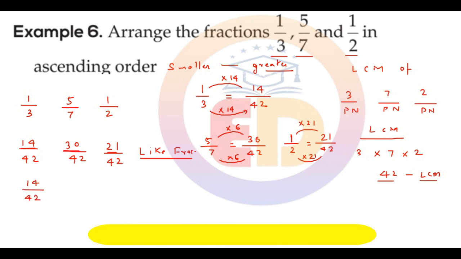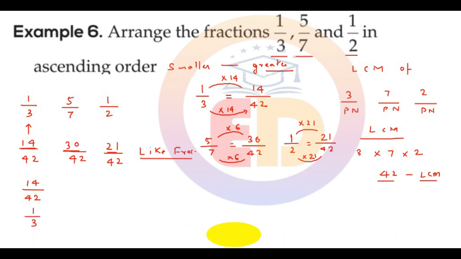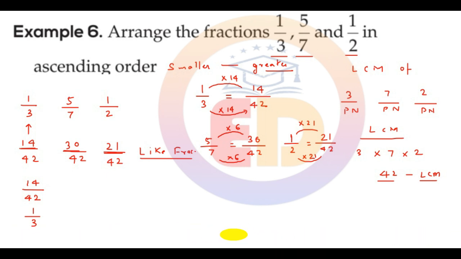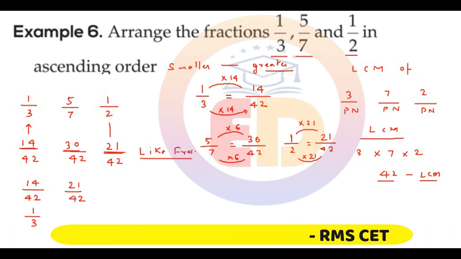Now remember, 14 upon 42 is actually 1 upon 3. So it is the smallest. After 14, it's 21. So 21 upon 42 is the next fraction. And remember, 21 upon 42 is actually 1 upon 2.